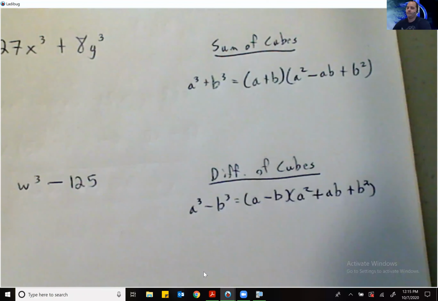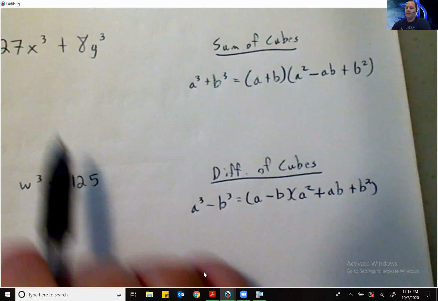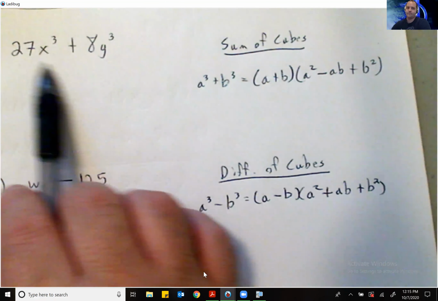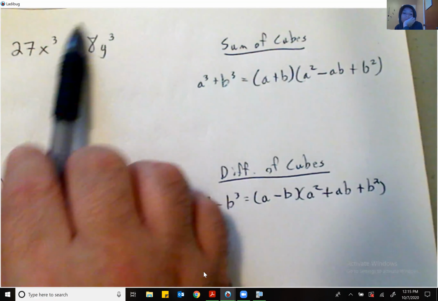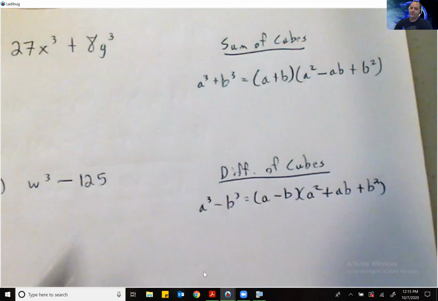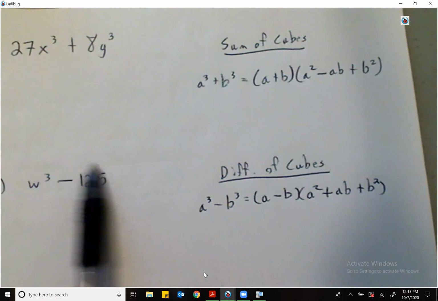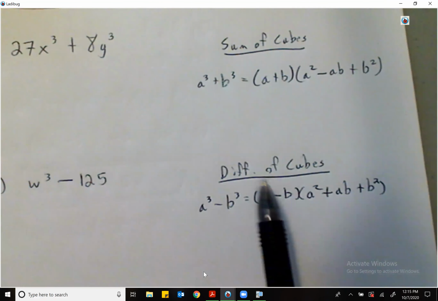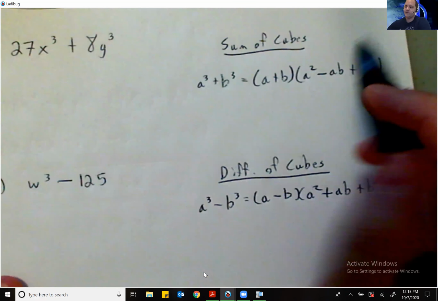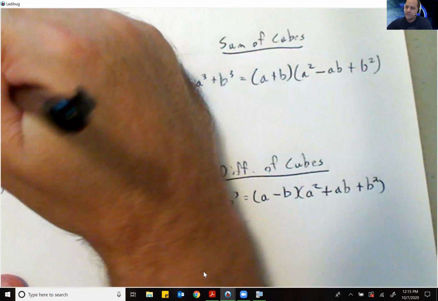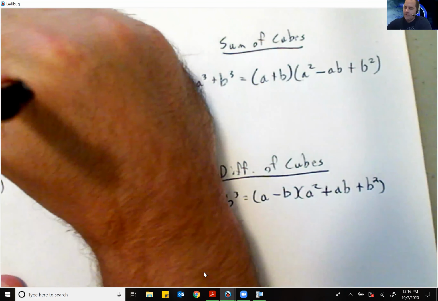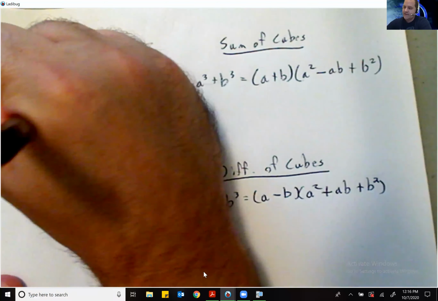So which one of these are we dealing with? Is this a sum or a difference? Sum. So we'll use this formula for this guy. Is this a sum or a difference? So we'll use this guy for that one. And just like the square root method up above, because we're working with cubes, this time we'll do the cube root of the first term and the cube root of the second term.